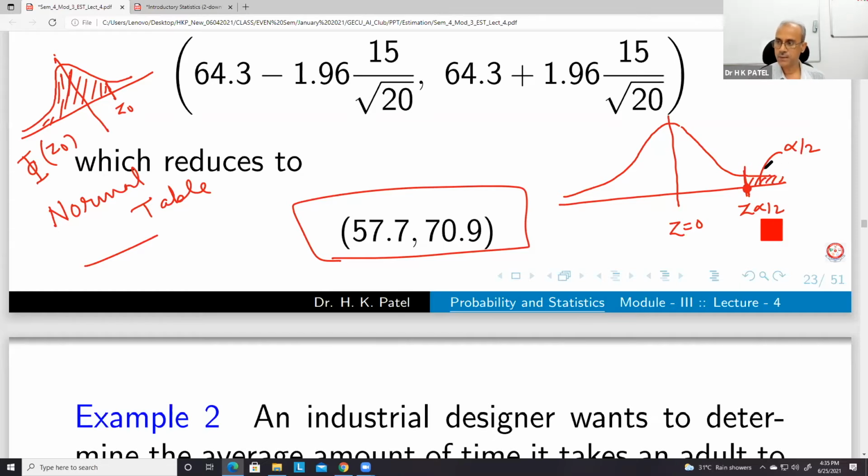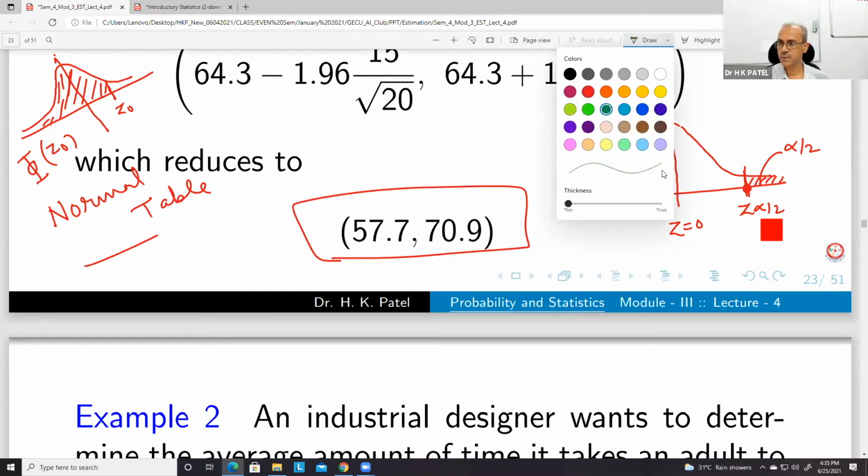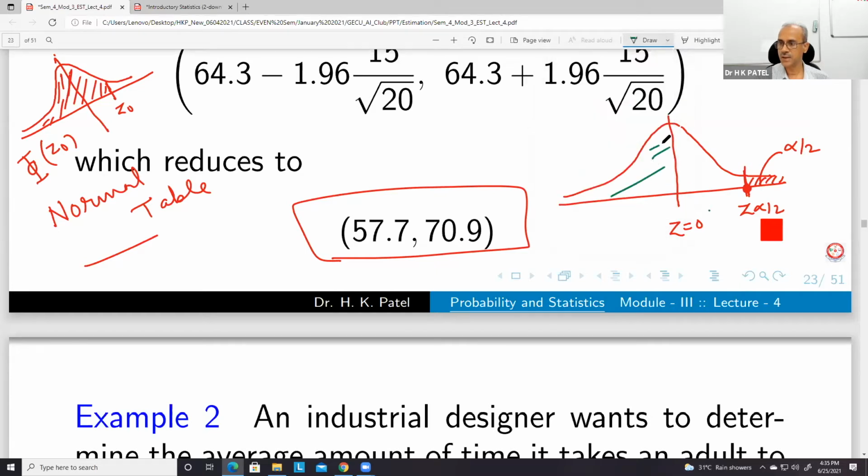Okay. And the total area is 1. All right. So this area here is 1 minus alpha by 2. Now here, as we have seen, alpha is equal to 0.05.